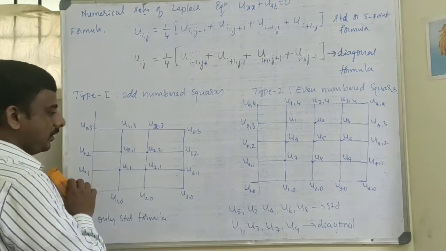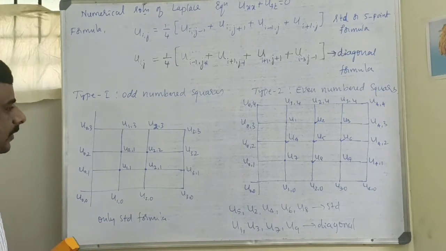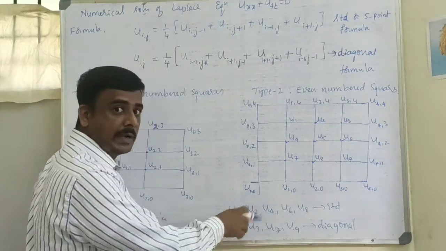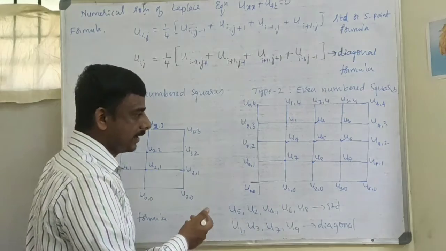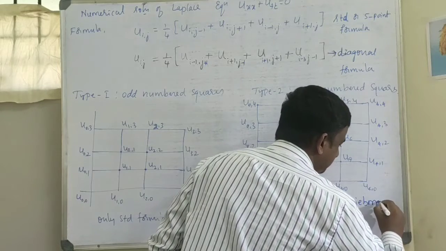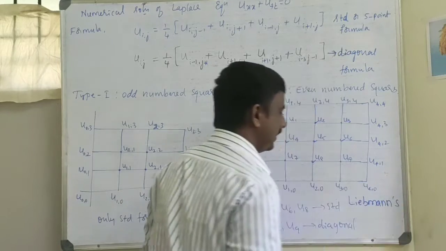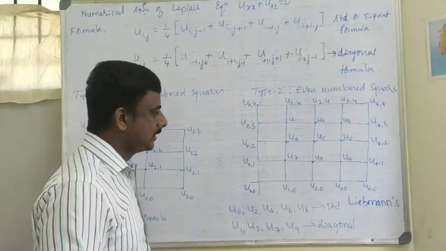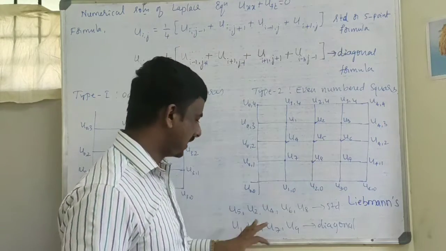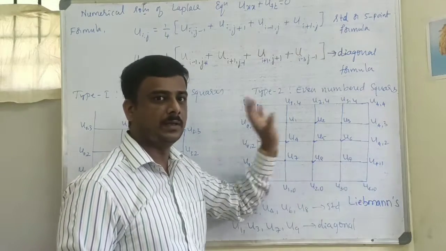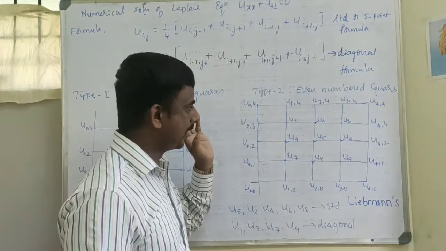Now we are going to solve problems on this. Before that, sometimes you may be asked to find these values by applying iteration. That iteration is called Liebmann's iteration process. What you have to do in that case is find these values as usual: find u5, then u1 to u9, applying the diagonal formula and standard formula.